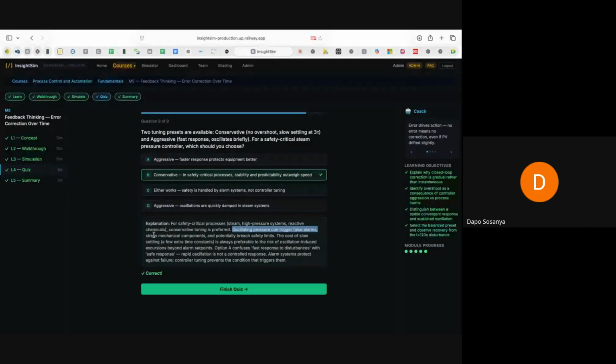It can stress mechanical components, and it can potentially breach safety limits. And of course, we will not depend on your initiative in the plant to do conservative settings when it comes to safety critical systems. We will have implemented interlocks.